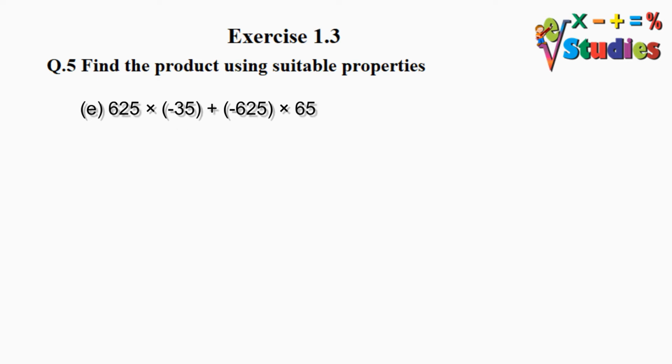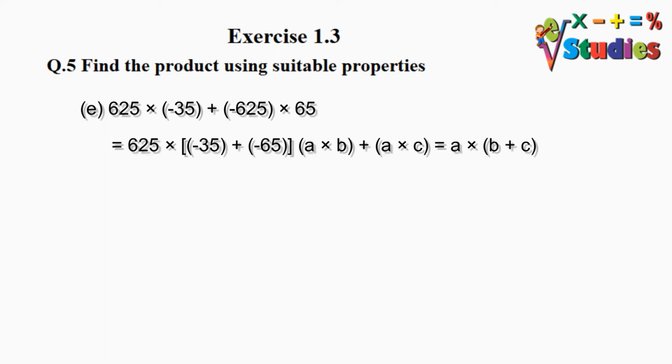The question number 5e, we have 625 multiplied by negative 35 plus negative 625 multiplied by 65. We have got the situation here that we can use the distributive property. So the property is a multiplied by b plus a multiplied by c. So here we can take 625 common.